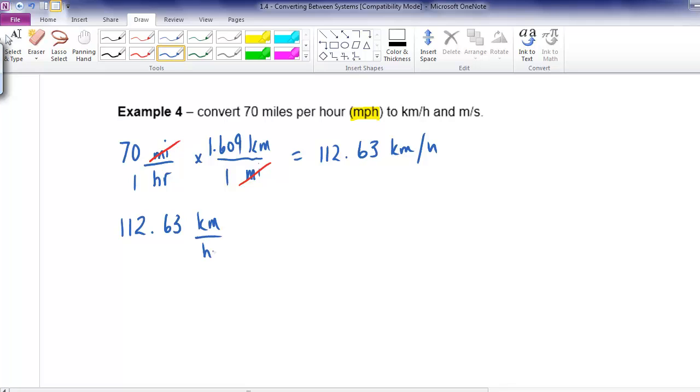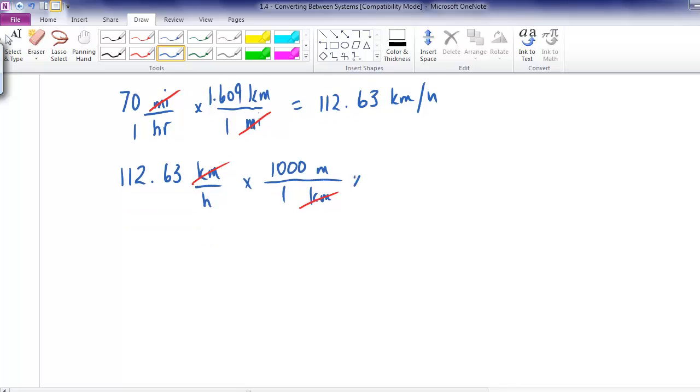And it really doesn't matter which one you get rid of first. So I'm going to get rid of the kilometers first, then I'm going to get rid of the hours. Again, we know an exact relationship between kilometers and meters. It's 1,000 to 1. And what this does is it gets rid of kilometers and leaves us with meters. And now I need to get rid of hours.